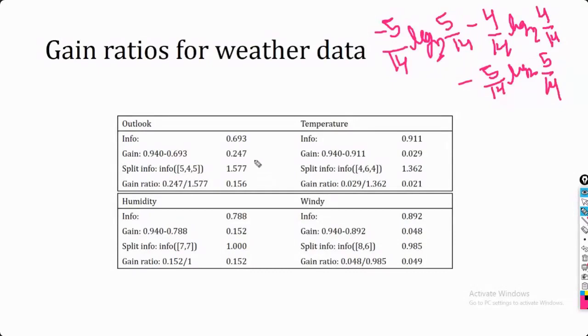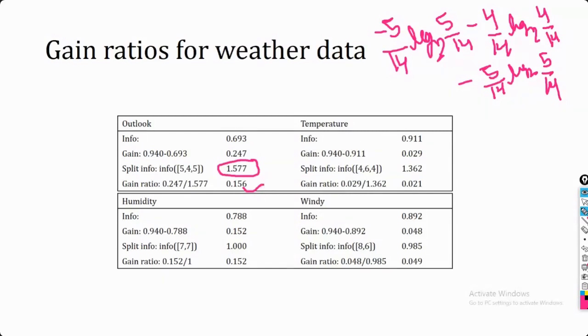When you solve it, you will get this value. Now we have the gain and the split information, so next we divide this gain by the split information. So we will have this value. The same thing we are going to do with temperature, humidity, and wind also.